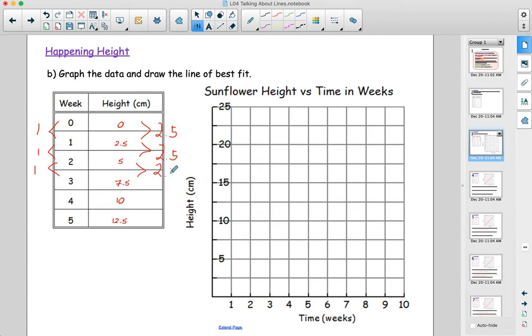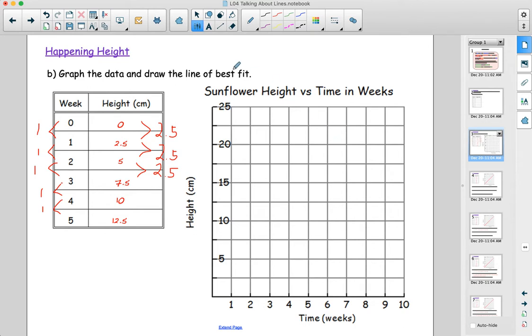So if you filled your table in correctly, let's do them all: 0 plus 2.5 is 2.5, plus 2.5 is 5, plus 2.5 is 7.5, plus 2.5 is 10, and plus 2.5 is 12.5. But you've got to be careful and look over here, because sometimes these might jump by a value other than 1. In this case, they don't, so these values are correct.